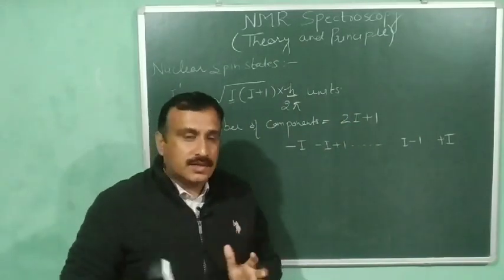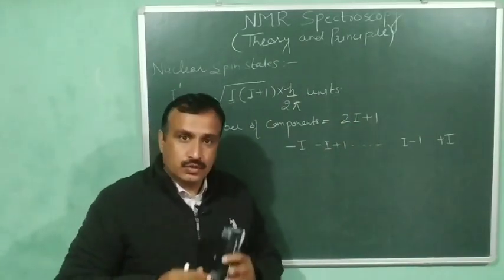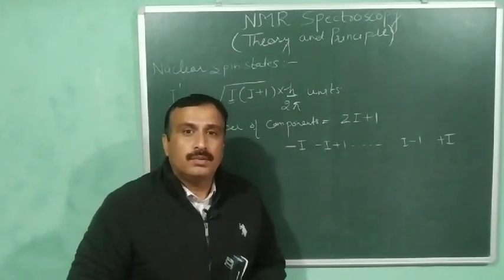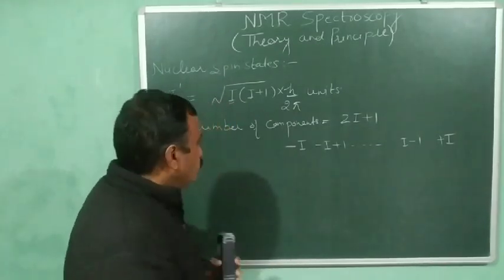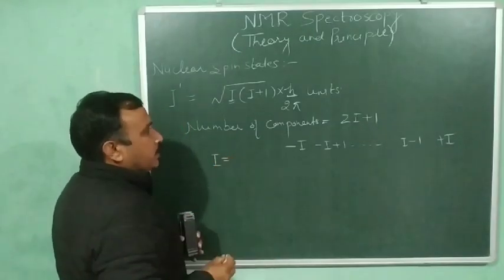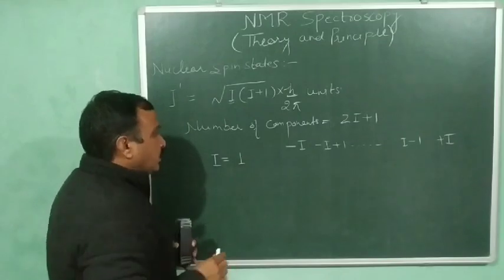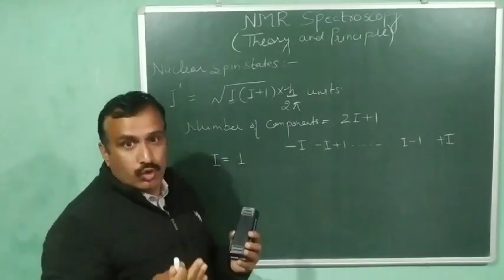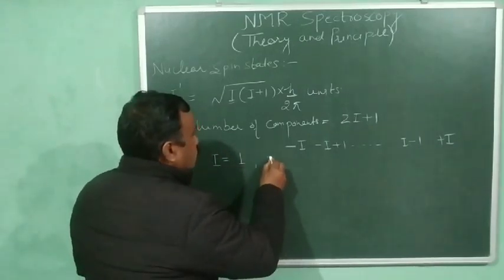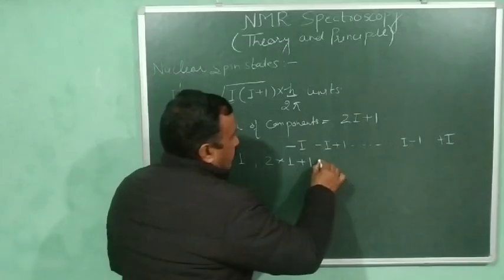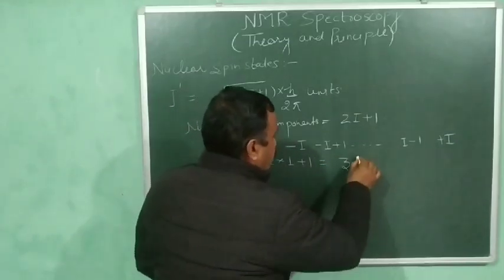So let us illustrate this with an example. Let us consider a nucleus having nuclear spin quantum number equal to 1. Then this nucleus will have 2I plus 1 components, that is 2 into 1 plus 1, which is equal to 3.